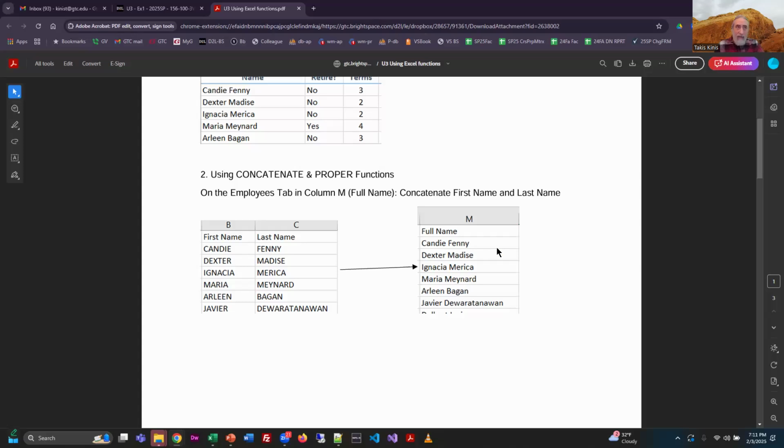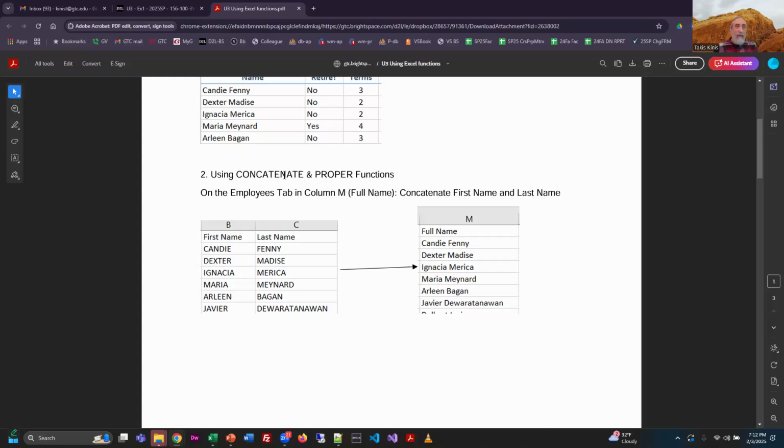But notice that they're also in what we call capitalization form. In other words, all the caps are gone, but the first letter of the first name and the first letter of the last name are in proper English format, right? And notice how that kind of leads to the function name.